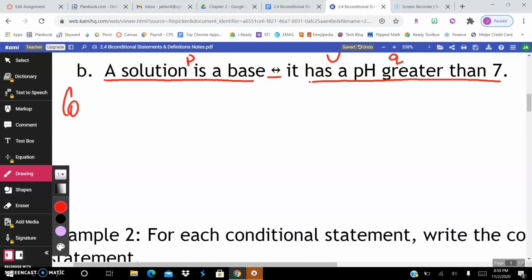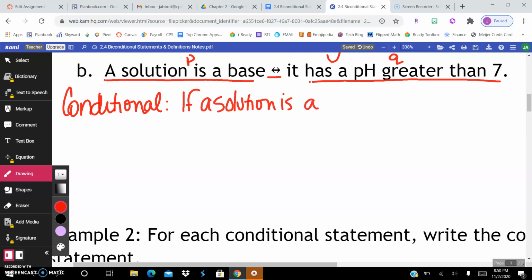So for the conditional, we have to write if a solution is a base, then it has a pH greater than 7.